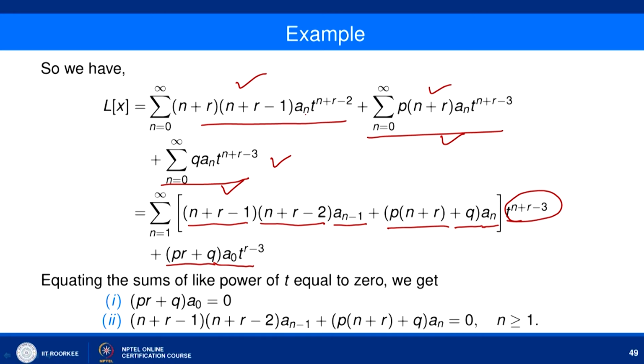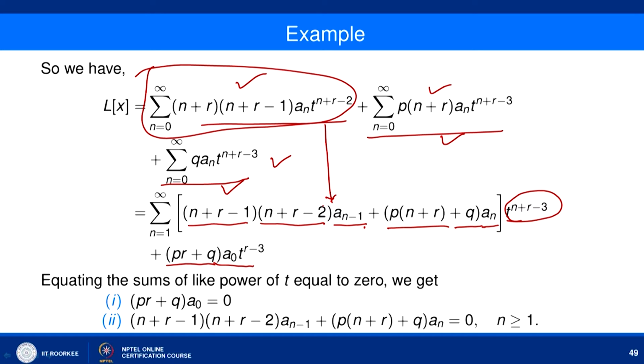When you replace n by n minus 1 in this, you will get, for n equal to 1 to infinity, n plus r minus 1 into n plus r minus 2 a n minus 1. So from this you are getting this term. Now we simplify like this.